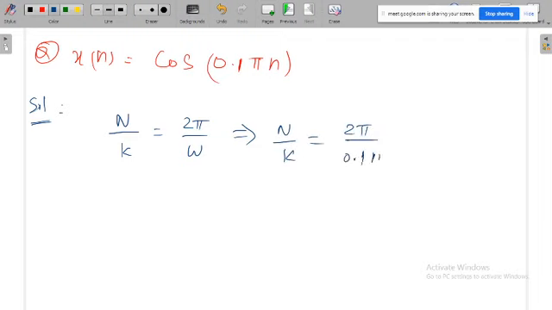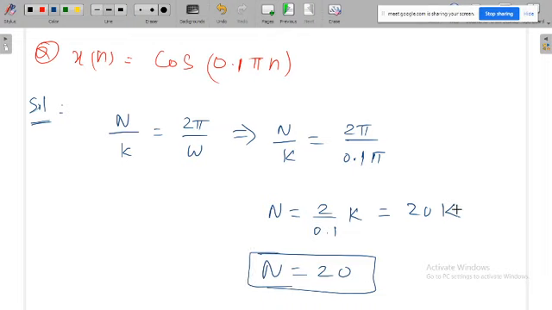Now n is equal to 2 pi by 0.1 pi, pi cancels, into k. This is equal to 20k. So this is periodic with period N equal to 20, because when you substitute k equal to 1, you get an integer at that time itself. So this is periodic with the period of 20. This is all about calculating the period of the discrete signal.